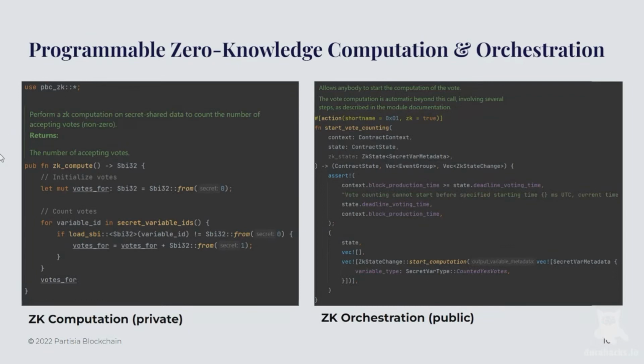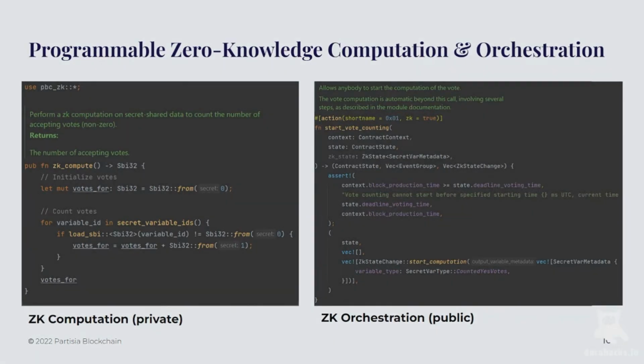So what you see on the left here is actually the program that performs the counting of the votes. And this part of the computation runs on the CK nodes. So the computation is running without anyone actually knowing any of the intermediate results or any of the inputs. As you can see, the CK compute function here starts by initializing an SBI 32 to 0, and SBI 32 means secret binary integer with 32 bits.